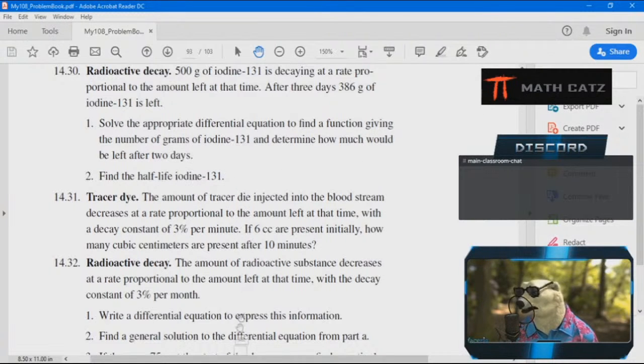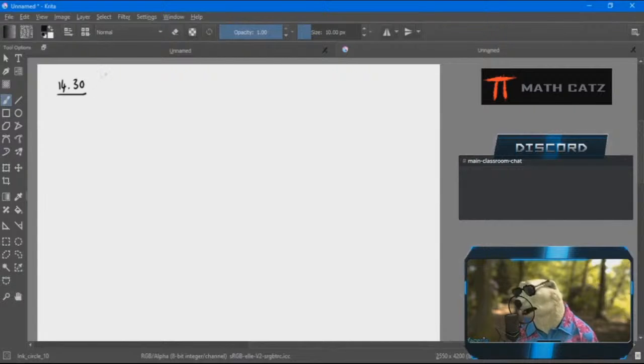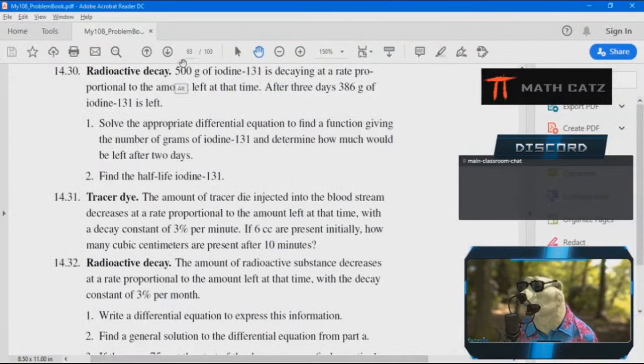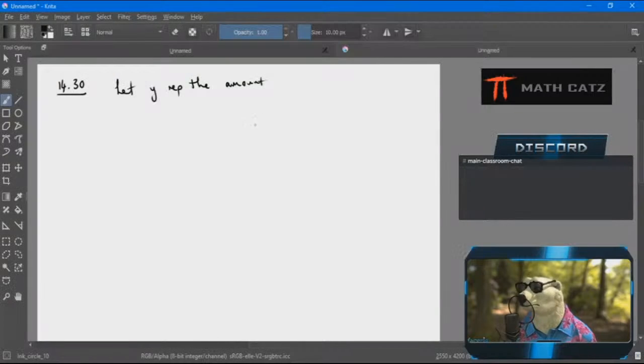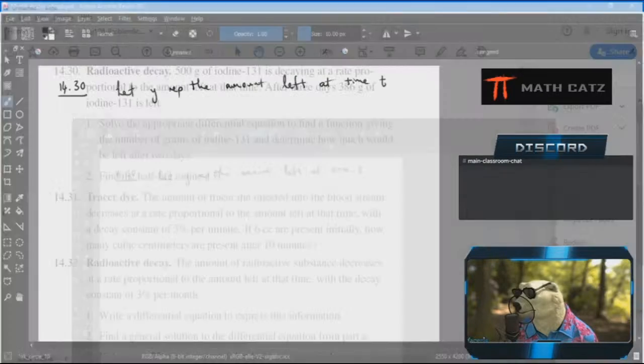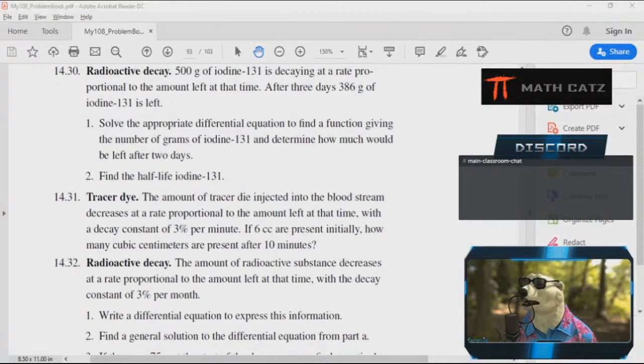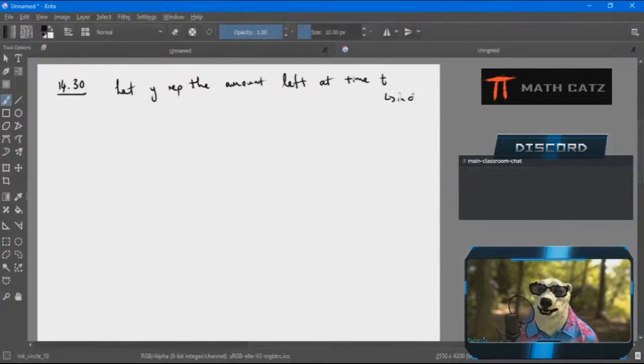Well, one thing at a time. We have to define our variables first. Let y represent the amount of iodine 131 left at time t, and it seems like time is in days this time.